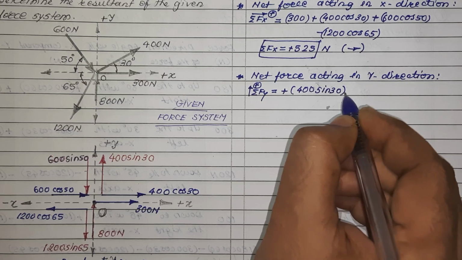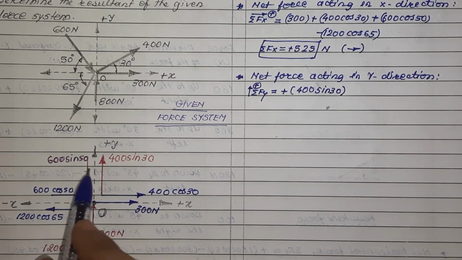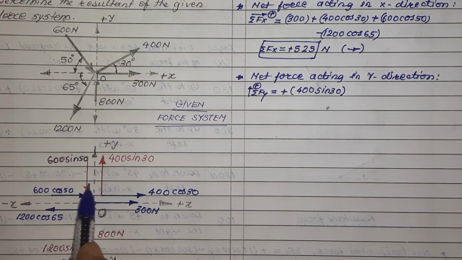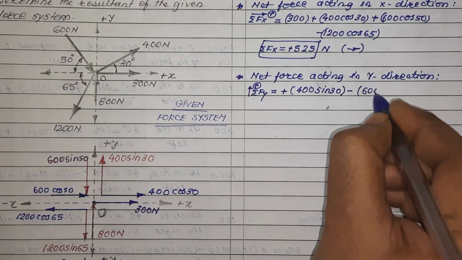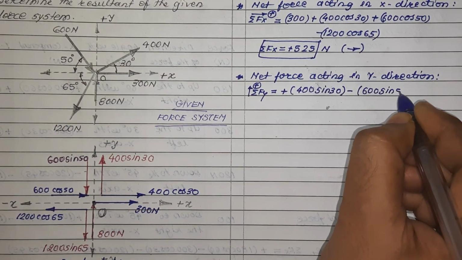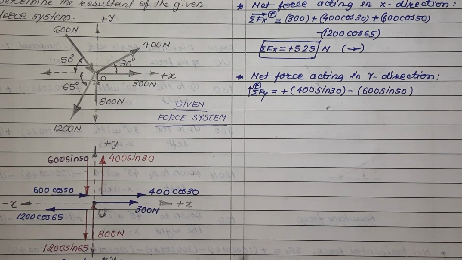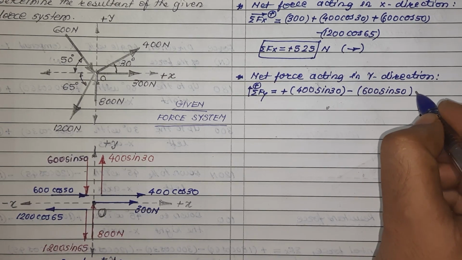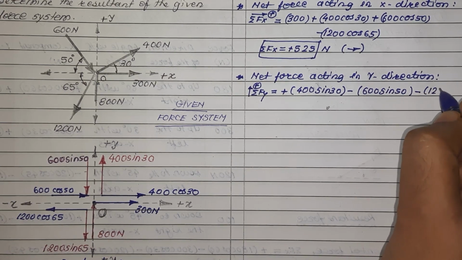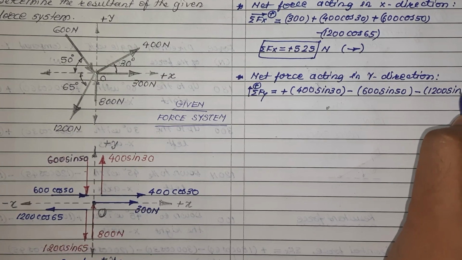Positive 400 sin 30. Next force is 600 Newton, whose y component is acting downward, so it is going to be negative 600 sin 50. Thereafter we have 1200 Newton force, whose y component is also downward, hence it is negative 1200 sin 65.